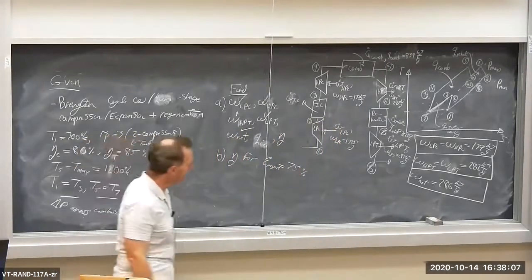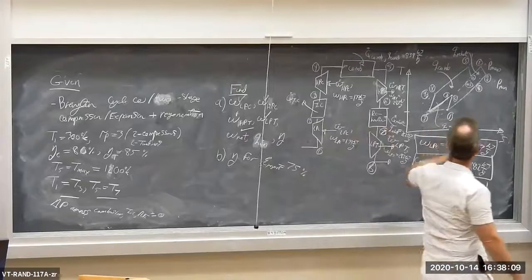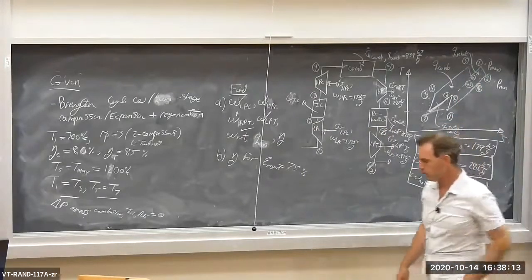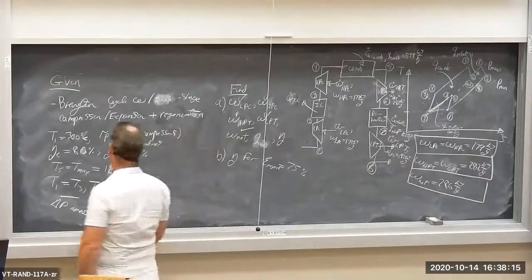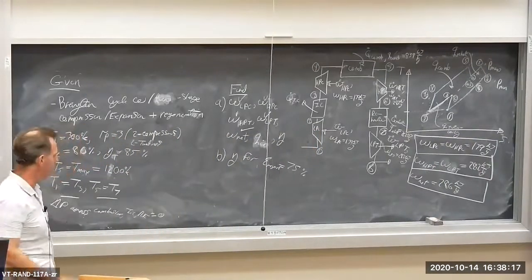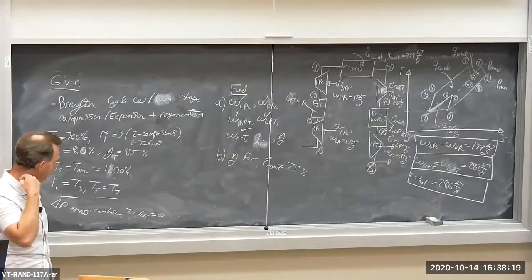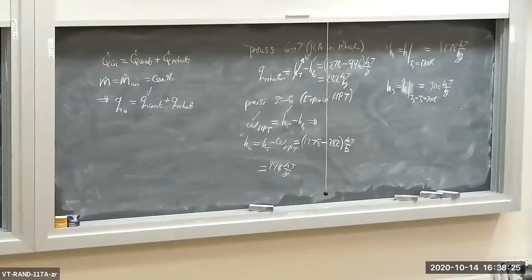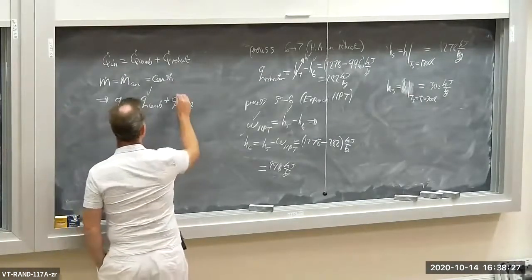That's not true in general. If T5 and T7 were not the same, then Q reheat would not be equal to WHPT, okay? It's good to calculate this stuff from scratch. Okay, I have the heat addition from both the reheater and the combustor. I am ready to plug in. Let's see here.